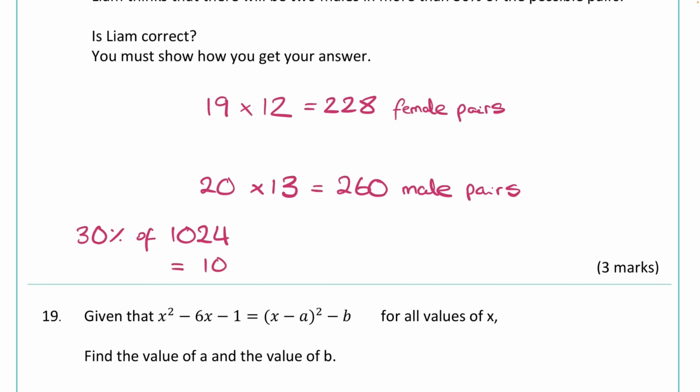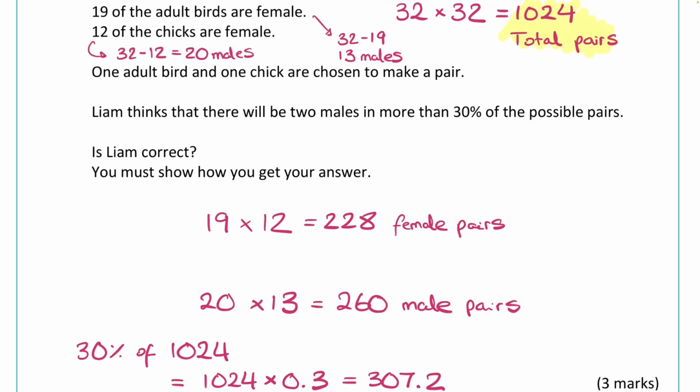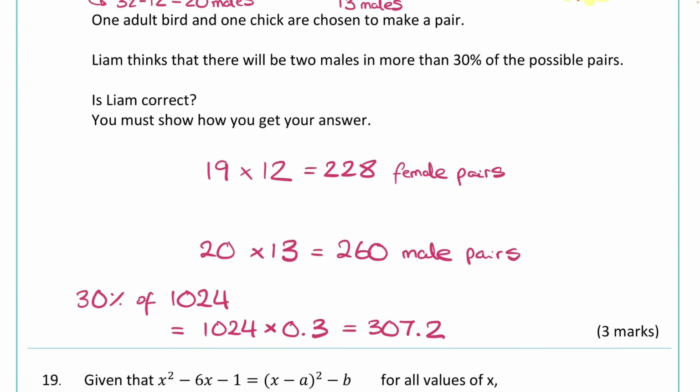I'm going to do 1024 times 0.3, which will work out 30%. You can work out 30% however you feel more comfortable doing so. That gives me 307.2. So 30% is 307.2, but our male pairs only comes out as 260. So is Liam correct? I would say no.